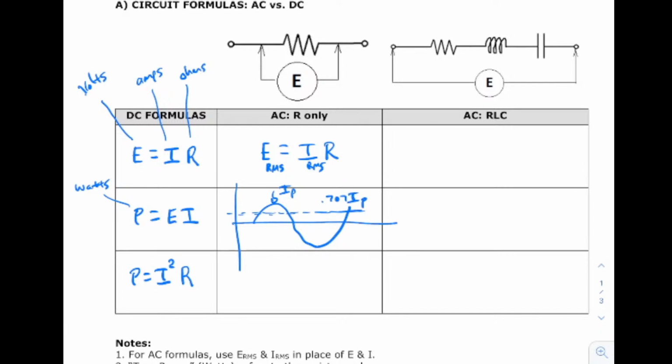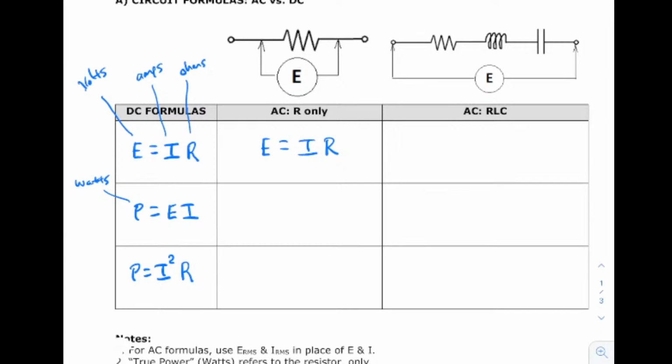So what's different about these formulas is that you have to stick in the RMS values. Now, that said, it usually gets to be pretty cumbersome to keep writing RMS. So usually we just write it the same, but we kind of understand in the back of our heads, hey, this is AC, I'm supposed to use RMS values. That's exactly what I need a thingy for.